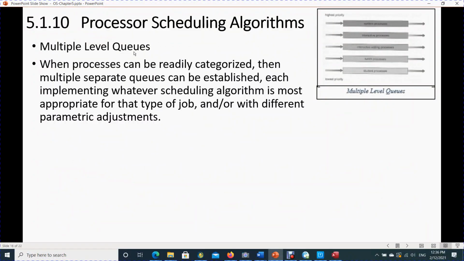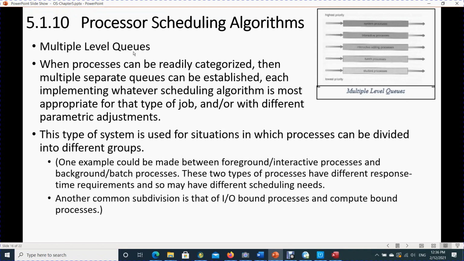When processes can be divided into different categories, then the system can separate them into different queues with different algorithms for the different queues. Of course, this is only if you can separate them into different groups.